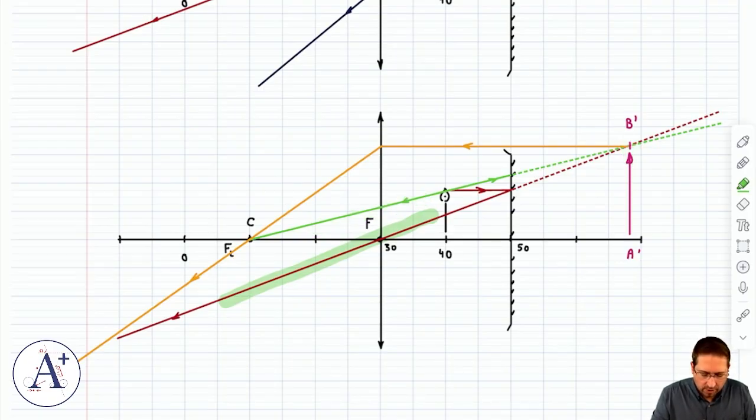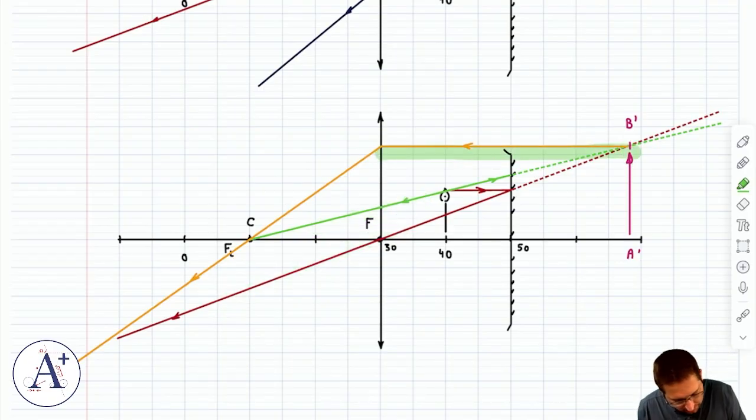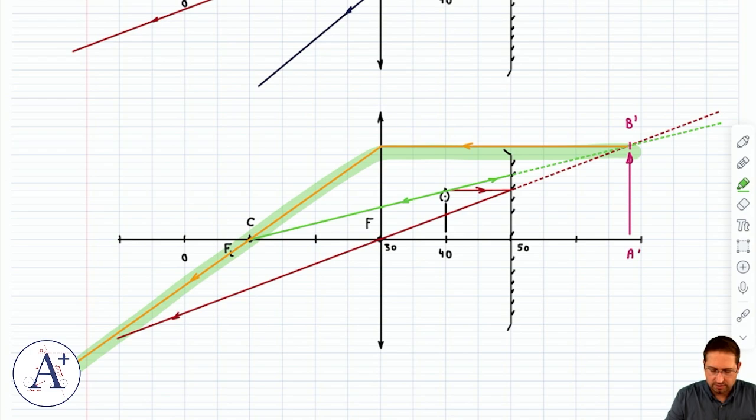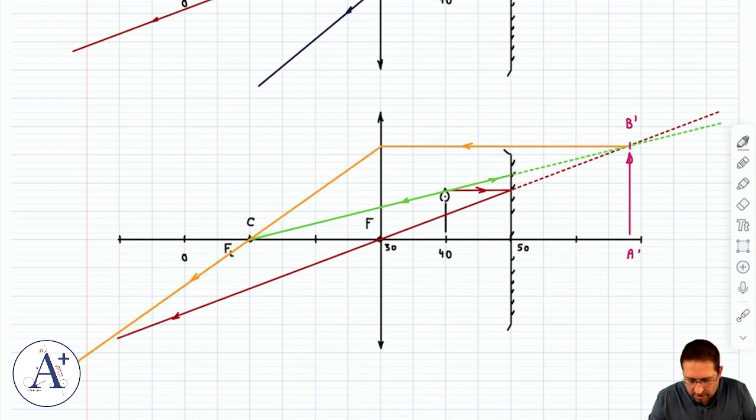Fine. Now I want two rays that come from B prime, and I'm going to figure out where they intersect. There's this guy, and then, okay, well, there's the ray that leaves B prime and goes to the center of the lens. It just so happens to be the case on purpose that the center of the lens is the focal point of the mirror.